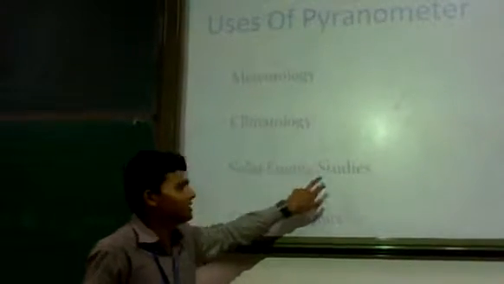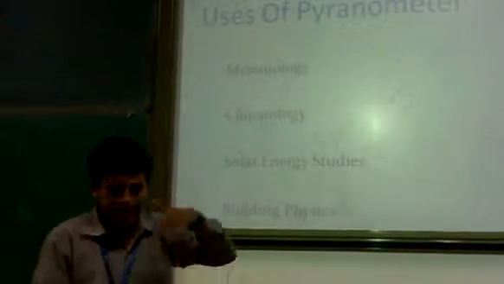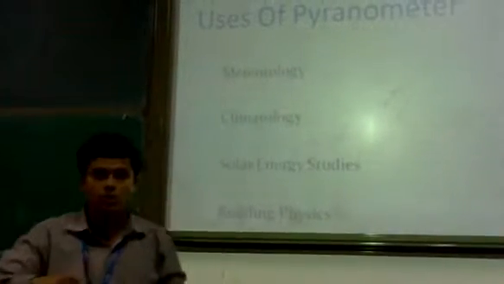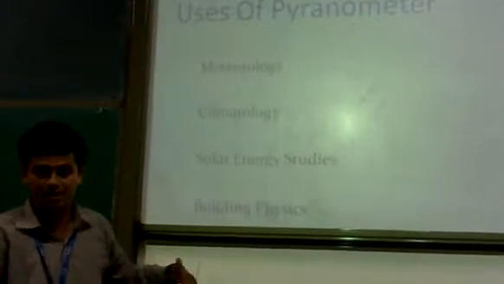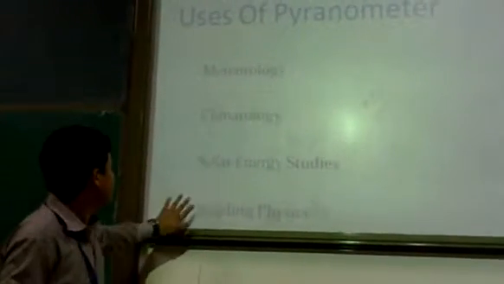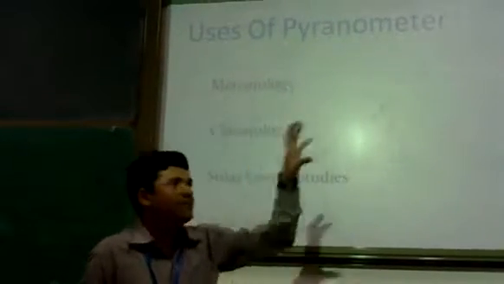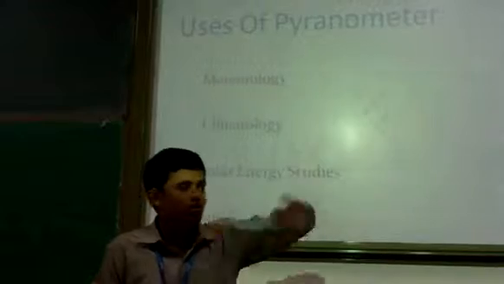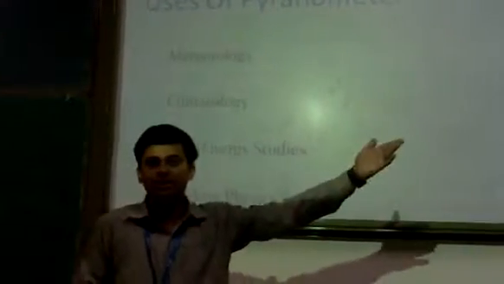In solar energy studies, as I said earlier, it gets the solar rays on it and gives output according to the angle of incidence, which makes a cosine angle with the surface. Then building physics: the pyranometer is placed on the roof or on the wall to get the changes in that wall according to the heat flux.